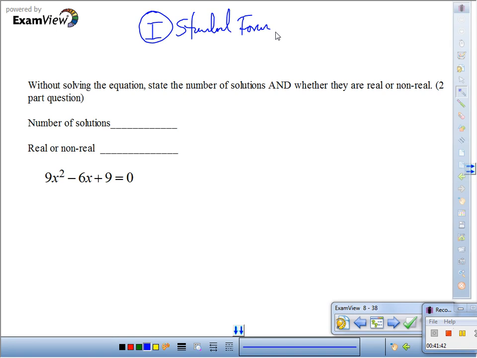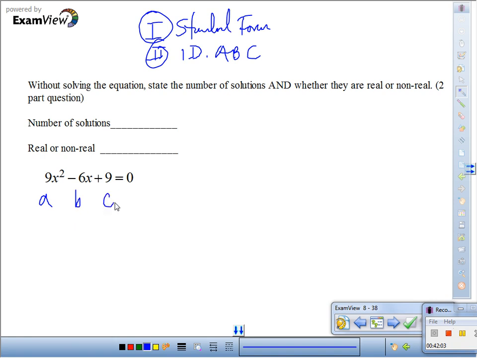Standard form, what does that mean, guys? Then it needs to be from greatest to least power. Is this from greatest to least? Yes. Now that we have the greatest to least, the second thing is identify A, B, and C.